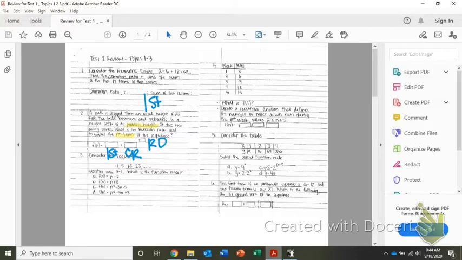Okay? So, first term is 15. Now, our common ratio is 25%. But we can't type a percent into our calculator, so we have to change 25% to a decimal. So we get 0.25.